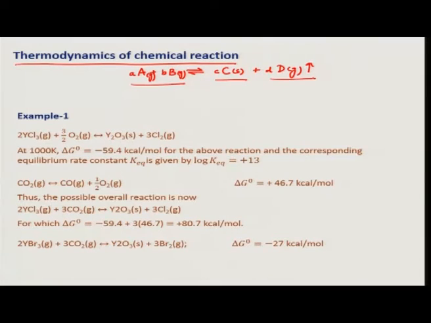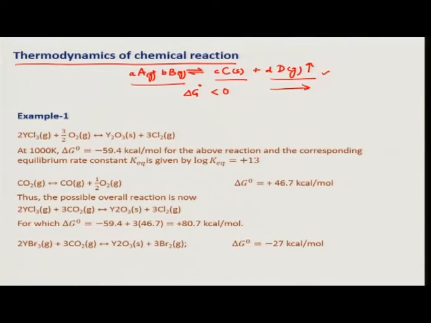Now, an important part of this thin film deposition is delta G reaction, the change in free energy for this reaction. If delta G is less than 0 for this reaction, then this reaction will go forward in the right direction, towards right.